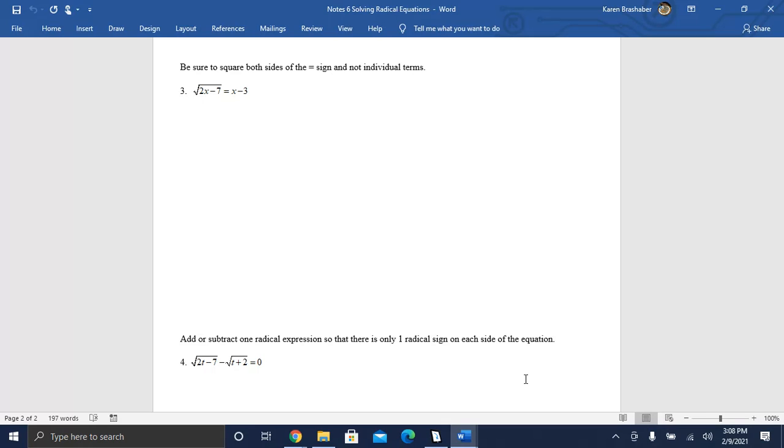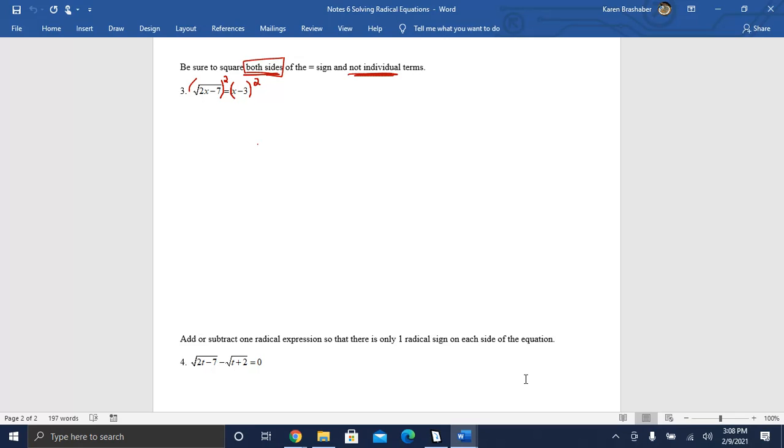In this case, the right-hand side of the equal sign is an expression. So this says be sure that you square sides, not individual terms. So when I say that I'm going to square both sides, I'm going to square that entire left-hand side of the equal sign and the entire right-hand side of the equal sign, not individual terms.